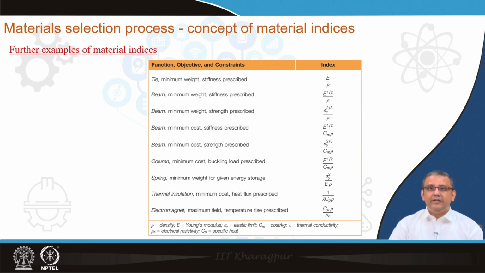That means, to design a material index, one simply needs to understand which function a particular material needs to perform, then which parameters control the performance of those components, and then create a relation between those individual properties of the materials and tie them together in such simple forms, which are known as the material index.